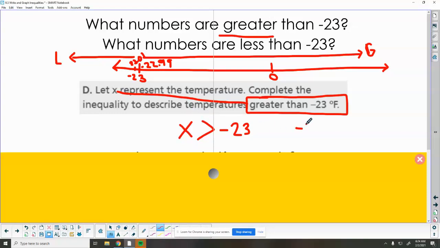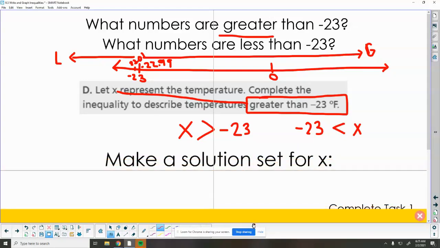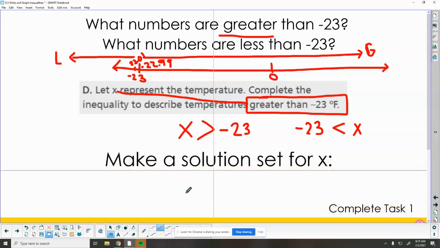I can flip that around and I can say negative 23 is less than X. But notice I had to flip my sign as well. When I flip the order of my expressions here, we need to flip the order or the direction of our comparing symbol.